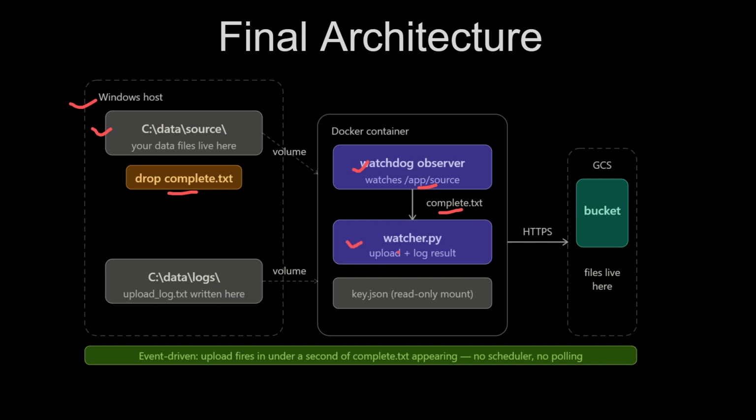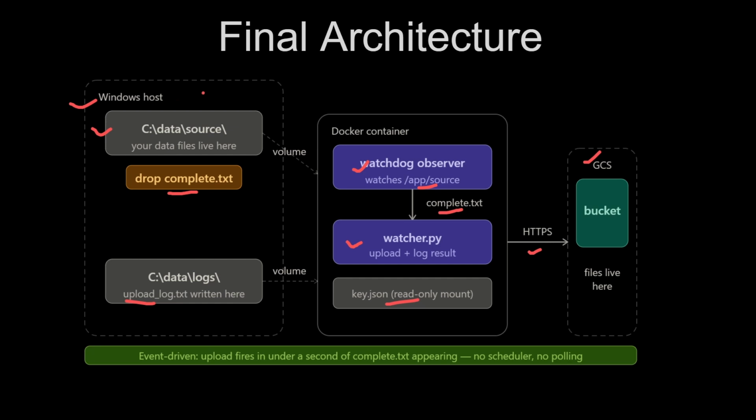Watcher.py picks up every other file, loops through them, and uploads each one to GCS over HTTPS using our service account key, which is also mounted as a read-only volume. Logs are also written back to the log folder, in the upload_log.txt file, so we can open it in Notepad anytime without touching Docker. One container, 3 volume mounts, 0 scheduler.